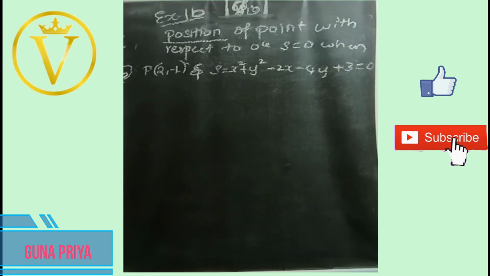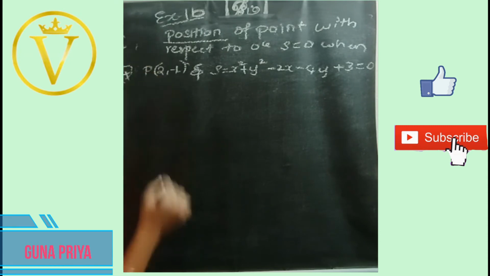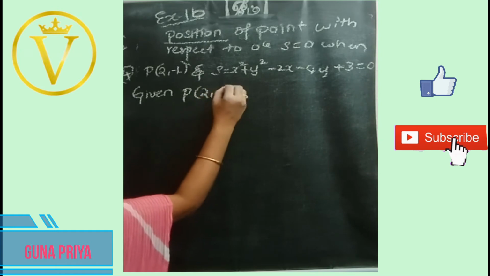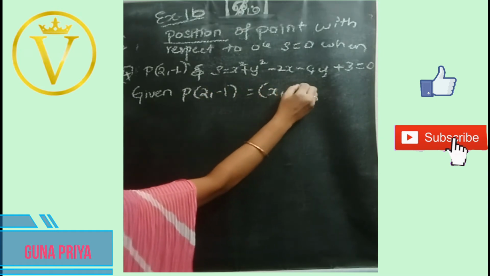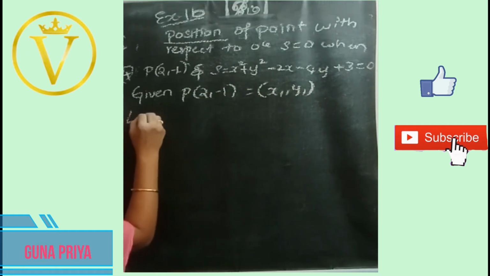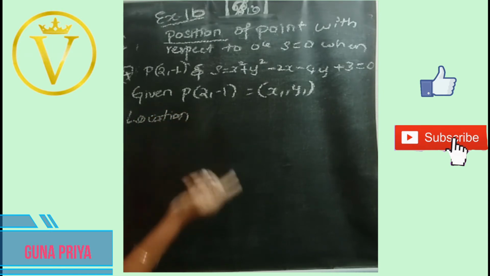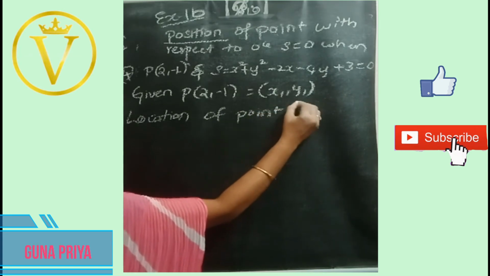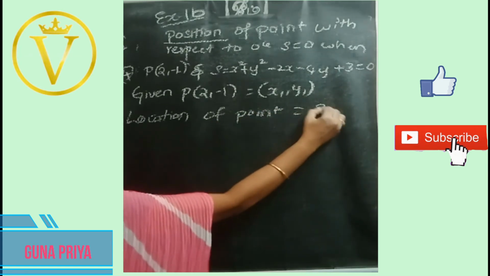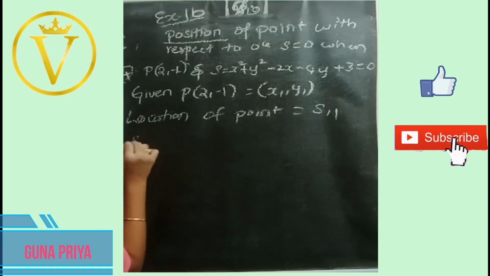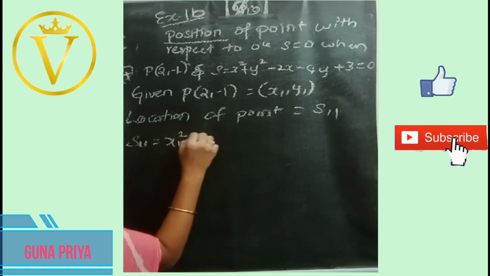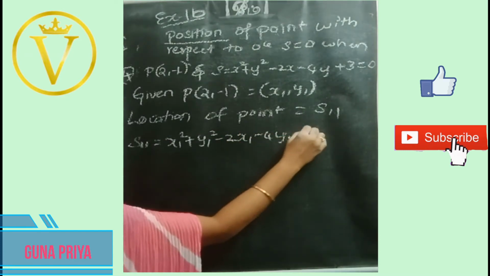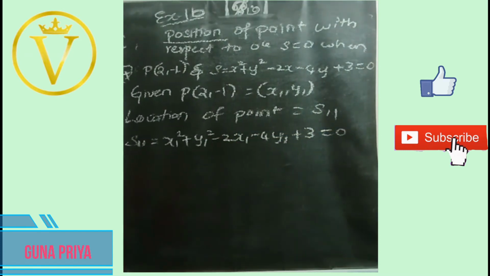Now this is the fourth problem. Same. Given point (2, minus 1) is x1 comma y1. Now location or position, anything. Location of the point is S11. So S11 equals x1 square plus y1 square minus 2x1 minus 4y1 plus 3 equals 0.